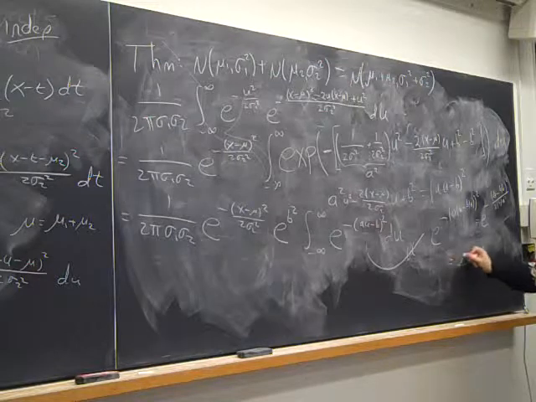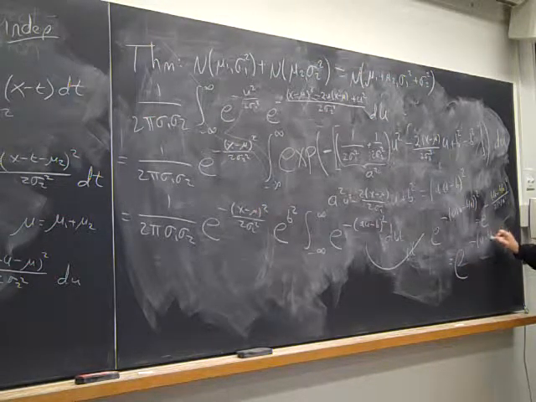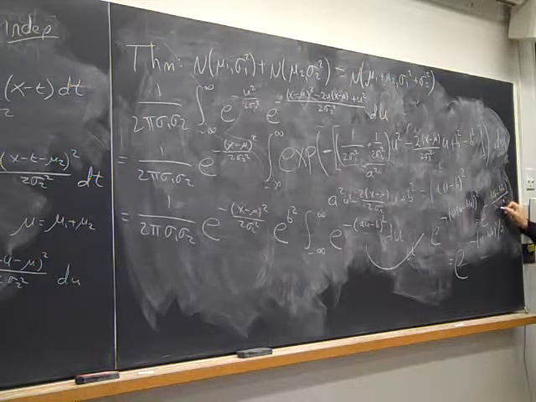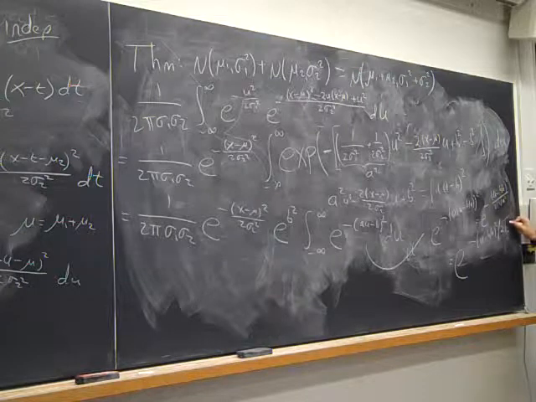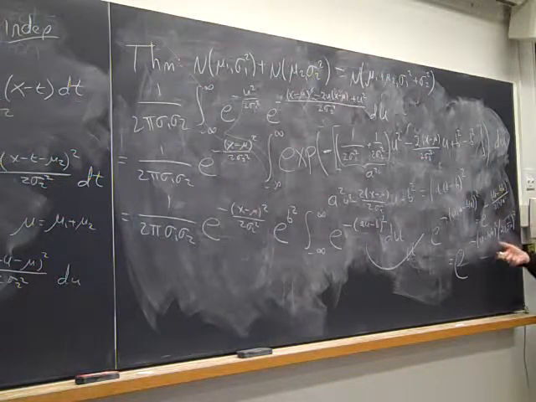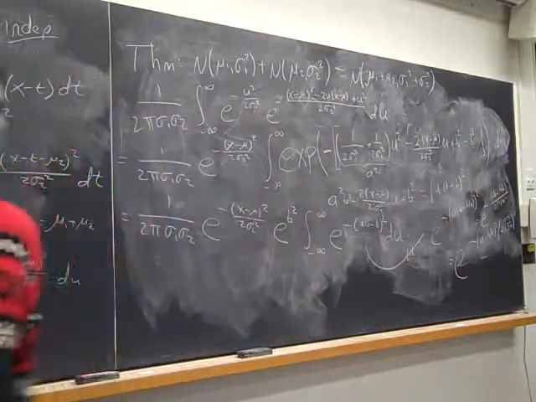And so this is equal to e to the negative u minus b over a squared divided by 2. Now I have a 1 over 2, a 1 over a squared, so a 1 over square root of 2a squared. So after doing some algebra, I've now written this as a nice normal density minus its normalization constant.